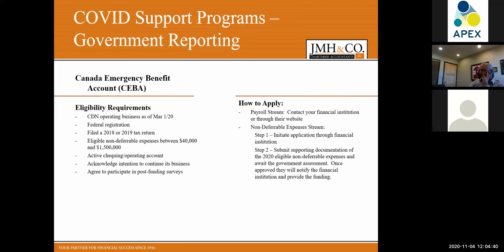Now, since our last discussion here, I've run into a few businesses that were incorporated in 2019, and we were just waiting to file the 2020 tax return. If you are in that scenario, a little tip for you: consider filing a stub year for your first year, just so that you get that 2019 tax return filed, which will make you eligible for this program.